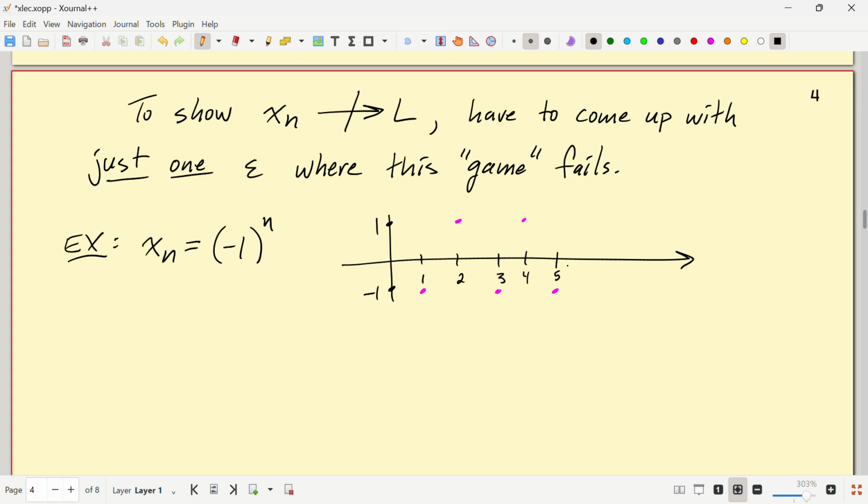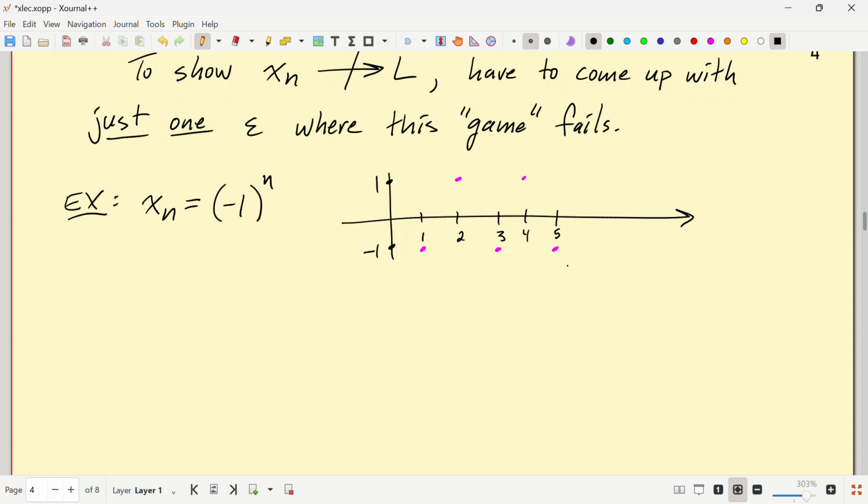And so, of course, those aren't getting squished into a narrow band. And it's pretty easy to show that those don't converge to anything. Let's see, what should I take my epsilon to be? Let's take epsilon to be a half.